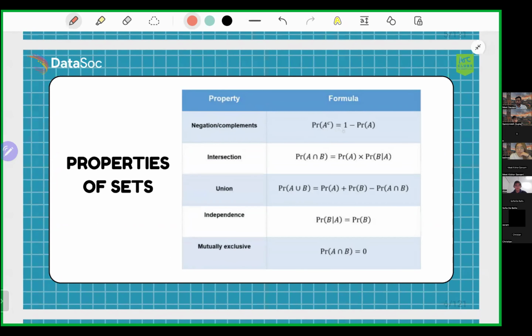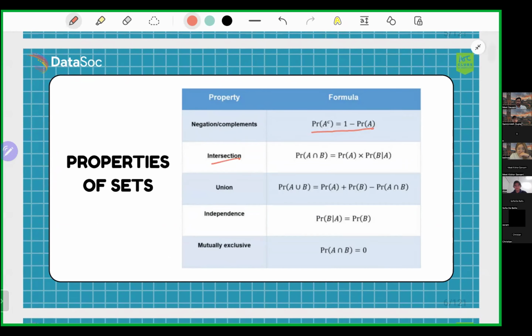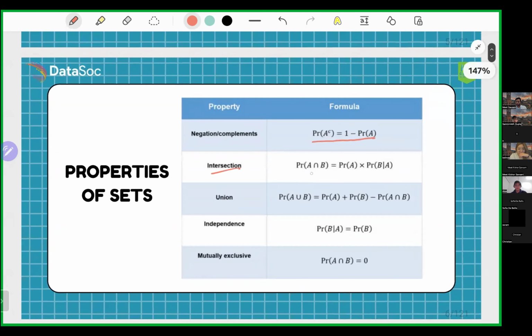Probability of A complement is equal to 1 minus probability of A. Second thing is intersection, which is defined as probability of A intersection B is equal to probability of A into probability of B given A. We read this as probability of B given A. Then there is the union formula, which is defined as probability of A plus probability of B minus probability of A intersection B. Then we have the independence and mutually exclusive properties.